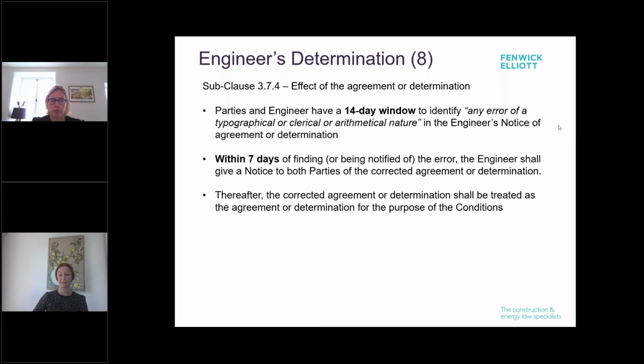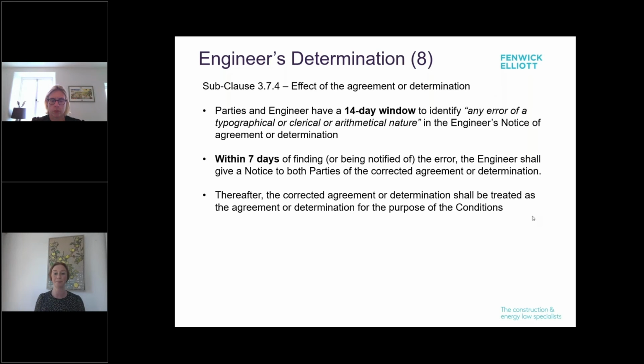And if the engineer identifies the error, then he or she has to immediately advise the parties. And if a party identifies the error, they have to give notice to the engineer, stating that the notice is given under clause 3.7.4 and also clearly identifying the error. And the engineer then has 7 days to correct the error. That's 7 days from either finding the error or being notified of the error.